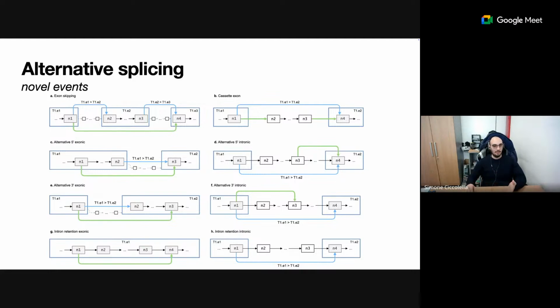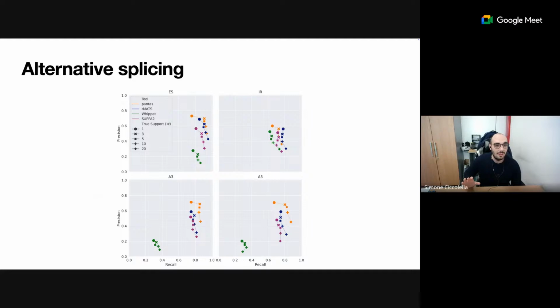I will not go into the details of this modeling because it's too complicated to see on a slide, especially without a pointer. We tried this method, we tested it on both simulated and real data, and we compared it against reference-based methods, which are the only methods that we have. We don't really have any other method to do so on the pangenome.